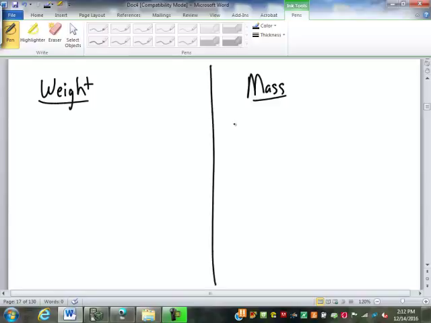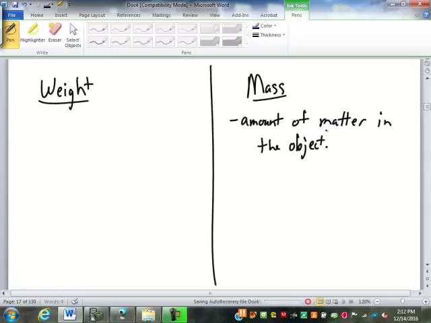Mass is the amount of matter in an object. This is literally how many particles, how many atoms and everything else are inside that object. How much stuff is in the object.